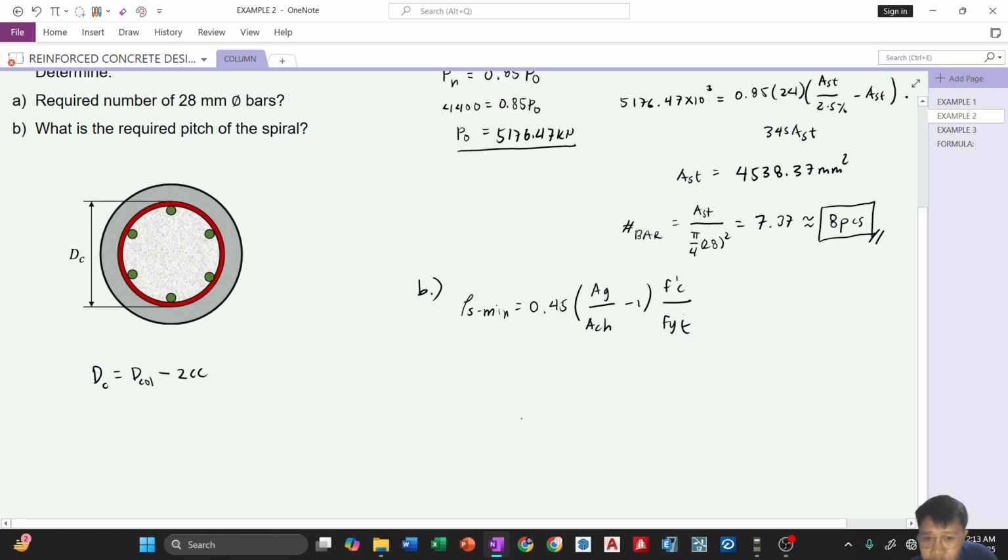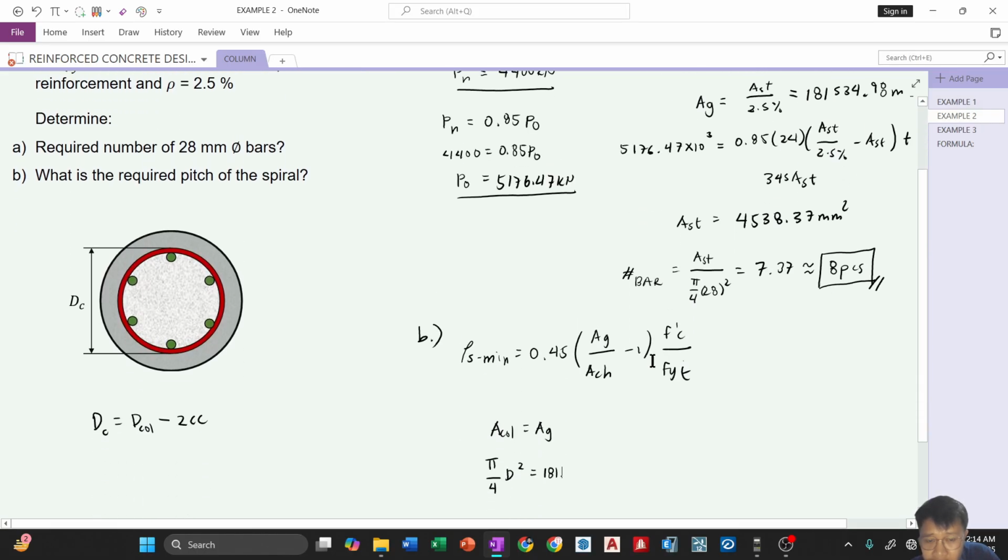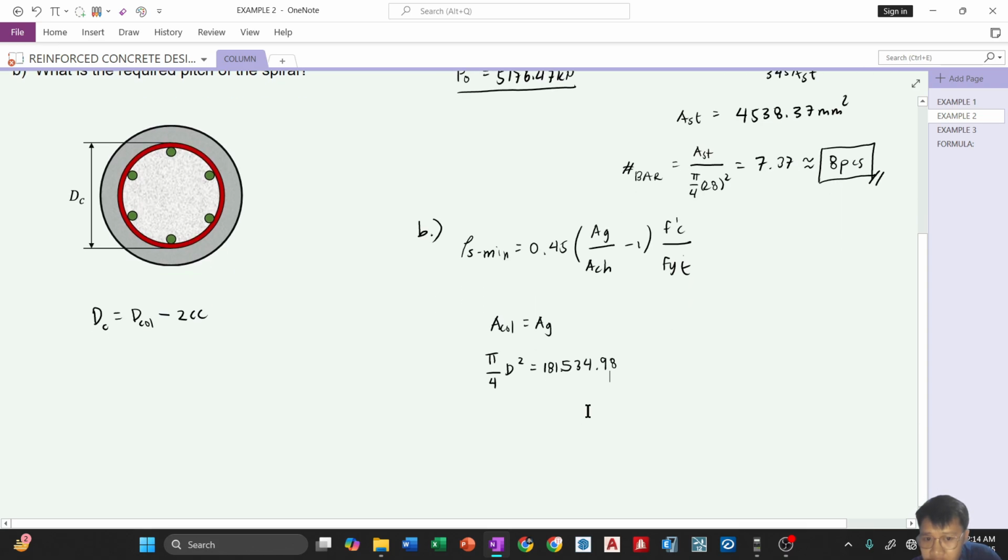The area of our column is equal to area gross. The area of the column is equal to pi over 4 diameter of the column square, equate this to 181,534.98 mm square.